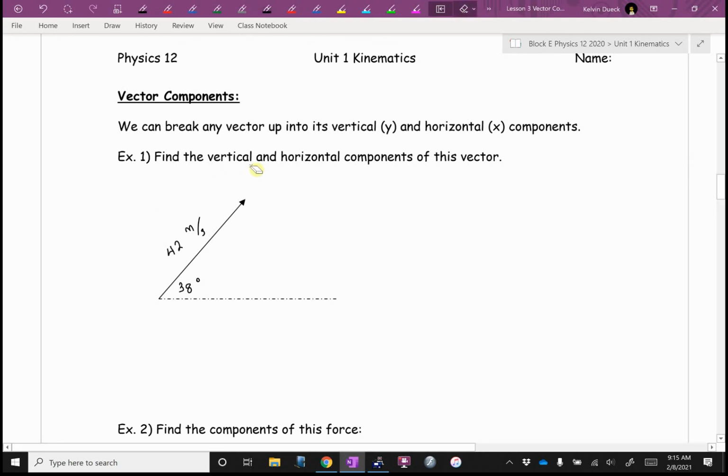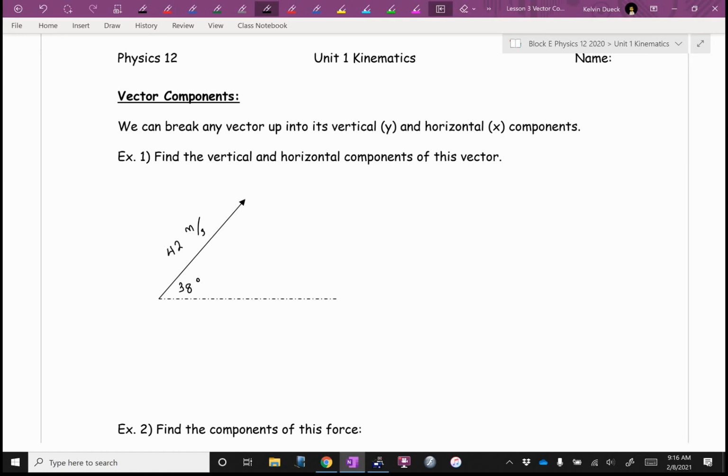So example 1 says, find the vertical and horizontal components of this vector. I guess we've launched something at 42 meters per second at an angle of 38 degrees. And you could either call this north of east, or if we were looking at this from the side, we might say above the horizontal, pointing up.